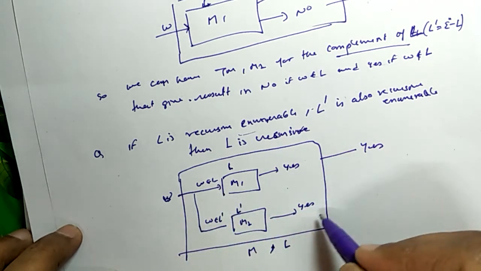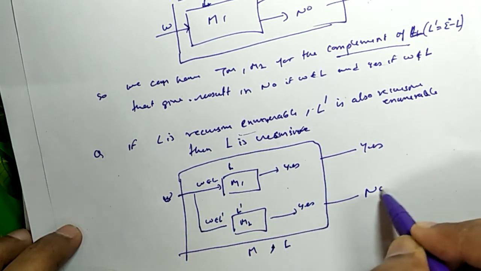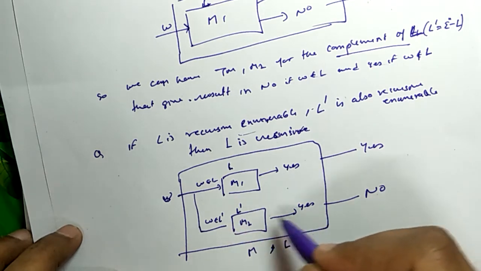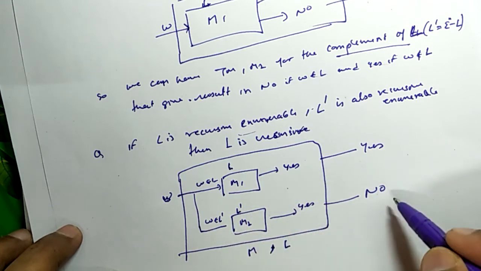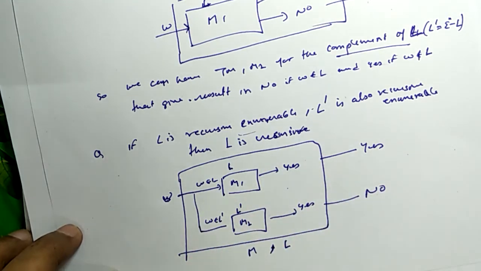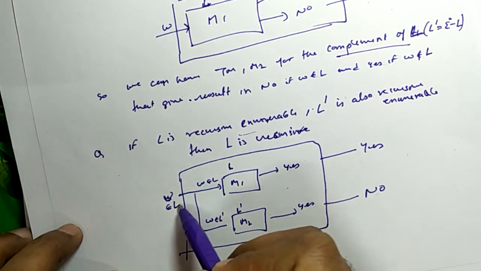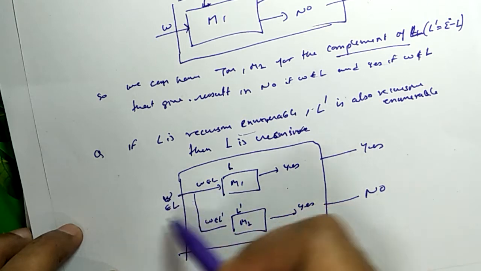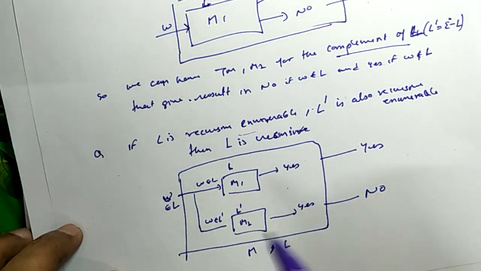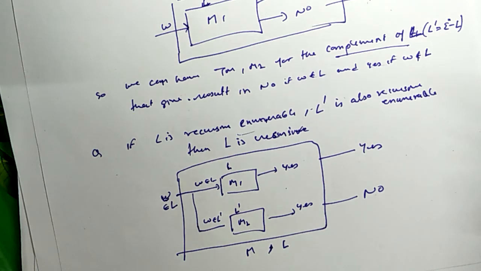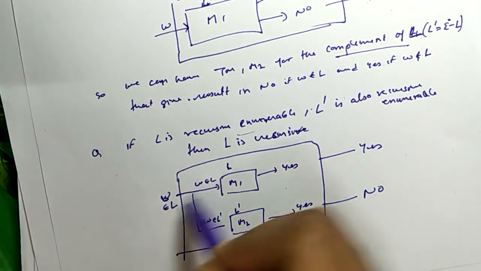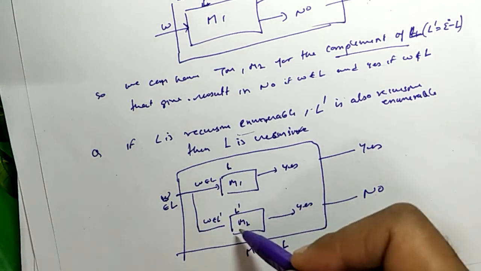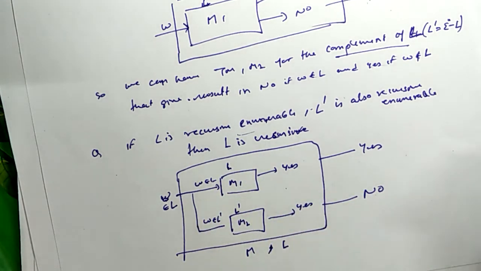If W does not belong to L, it will give no, because whatever gave yes belongs to L bar. So we can design a new Turing machine for it. For any W that does not belong to this language, it will give the answer in no.